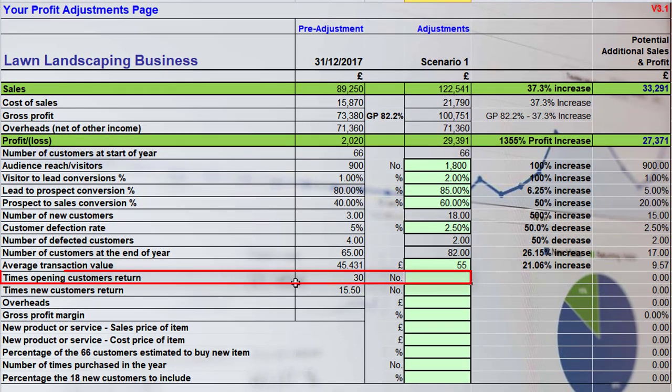Now the other metric or KPI that we're going to look at is the number of times your opening customers return, which will also impact on the number of times your new customers return. Now I'm going to assume that we can increase that to 35, because in the assumption of the original 30, I made the assumption that during the winter months we had no visits whatsoever.